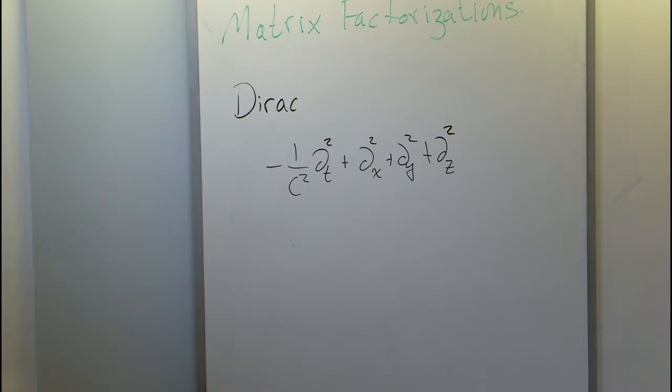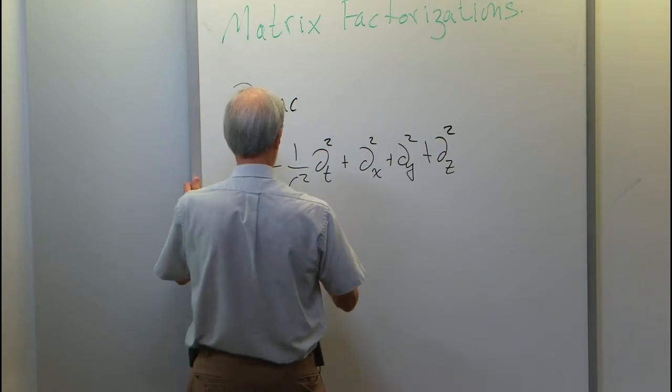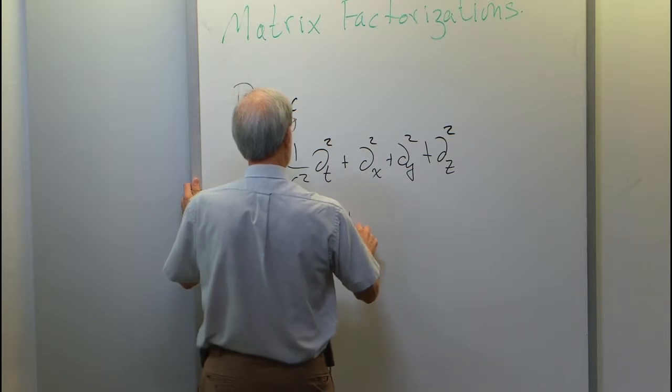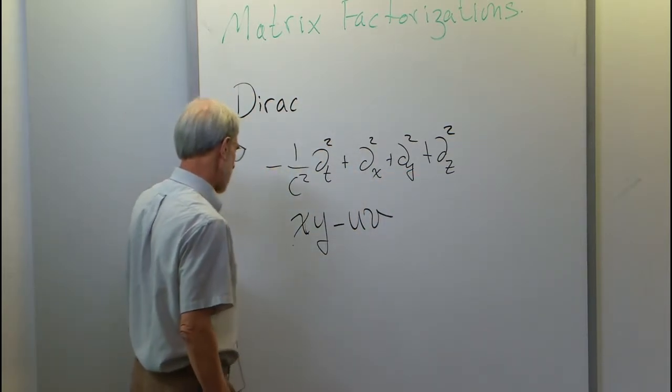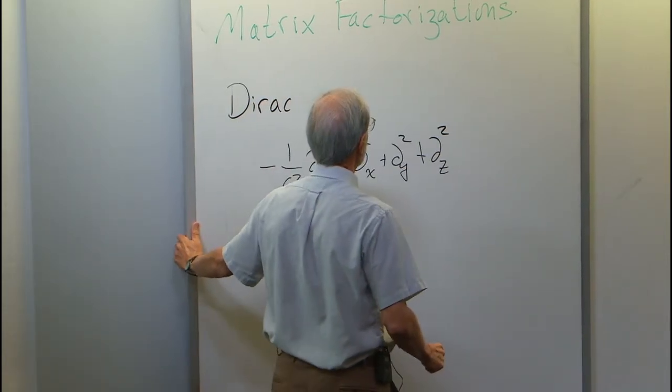And so I'll rewrite this in different coordinates, x, y, minus uv, replacing all the differentials. And he took a square root in the following way.